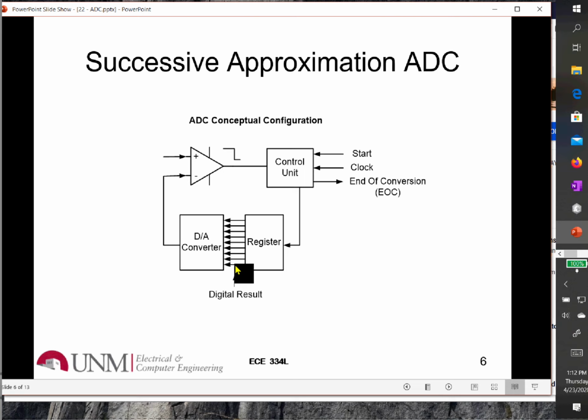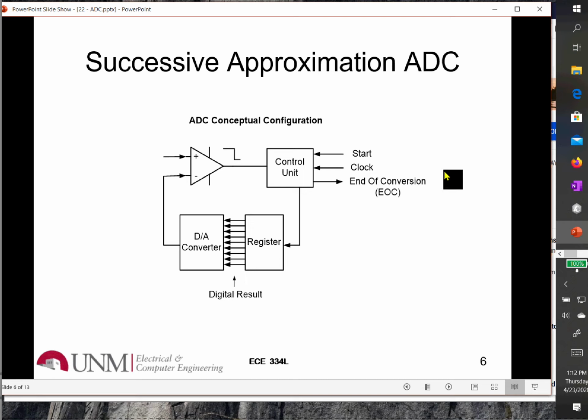So I'm going to start off with the most significant weight and compare it to my unknown signal. If my reference signal, which I'm generating, is larger than the input signal, then I'll set that weight equal to 0. Then I go to the next weight and I say, is this one greater than my input signal? And I work from most significant to the least significant.